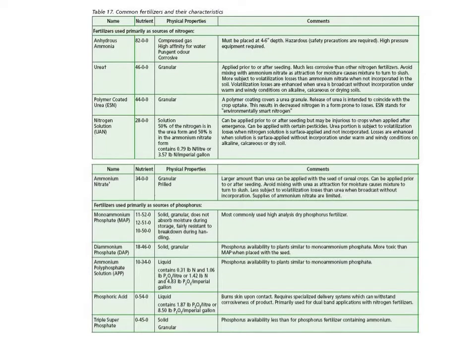So it's a gas with a high affinity for water. You do not want to breathe this stuff in. It is absolutely horrible to smell this stuff. It's really incredibly arresting.